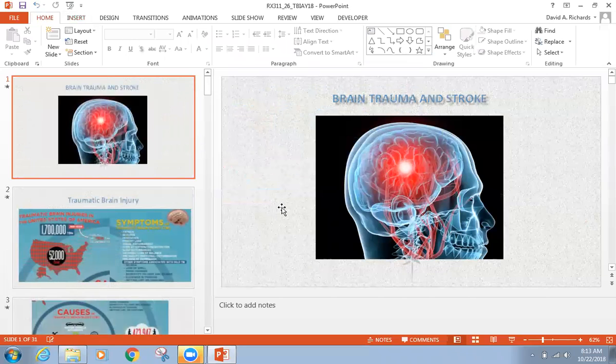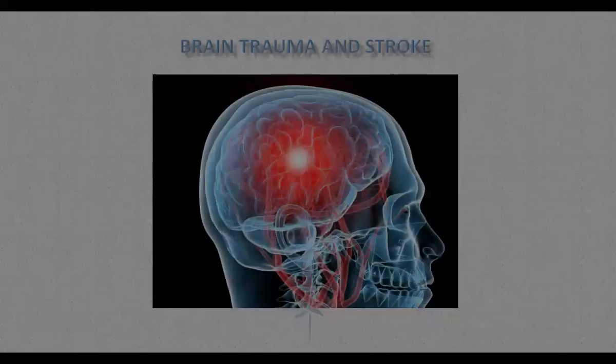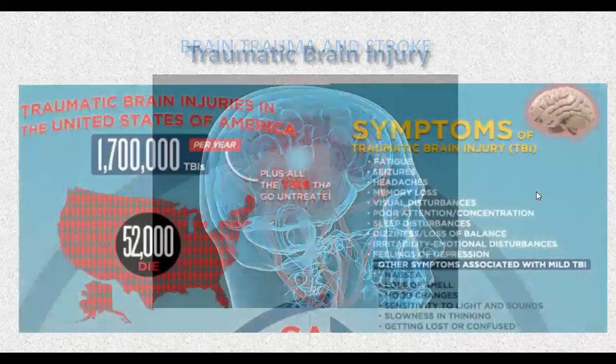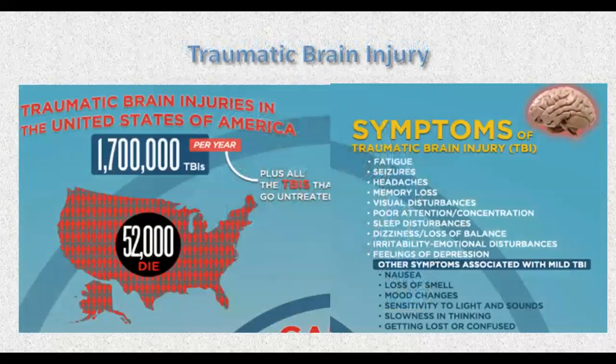So that is then leading us into a different type of headache, which is headaches coming from brain trauma and stroke. We're going to start off by talking a little bit about traumatic brain injuries.